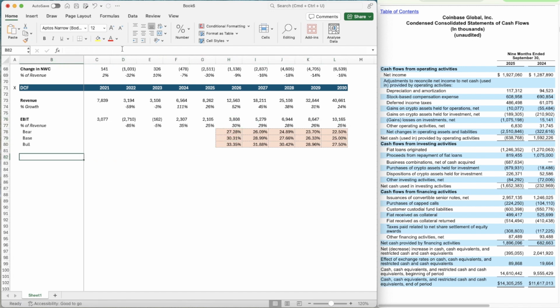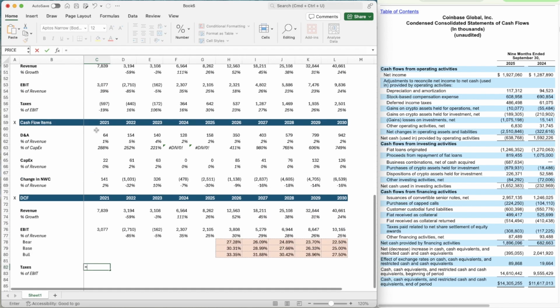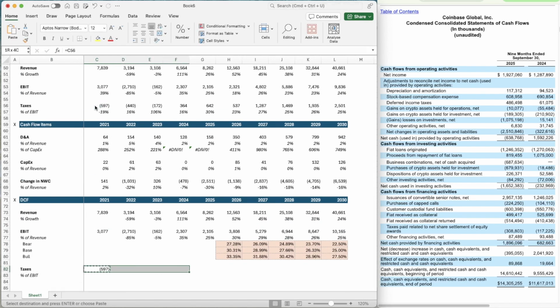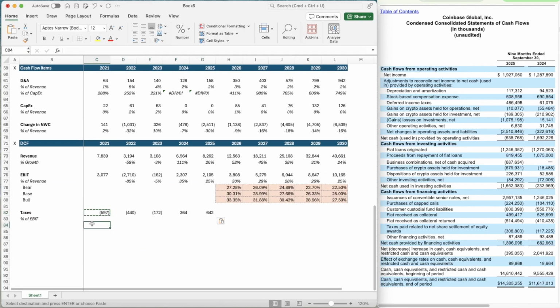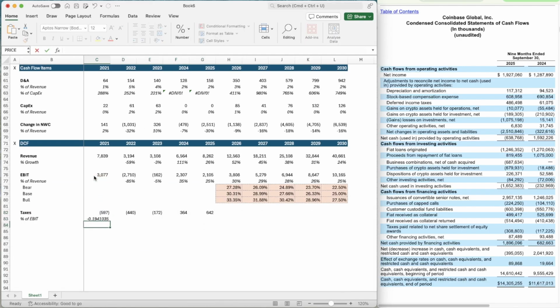Now, for the taxes, again just put equal to what we did last time, up to 2025. Average. Let's just do the average of the last two.